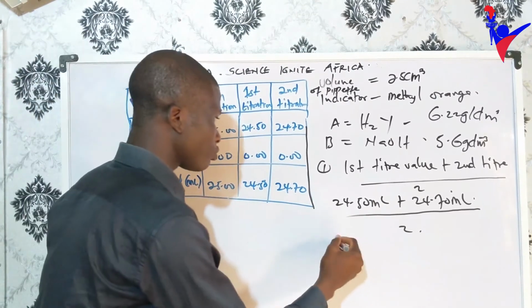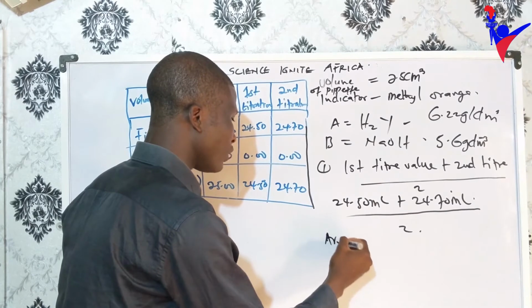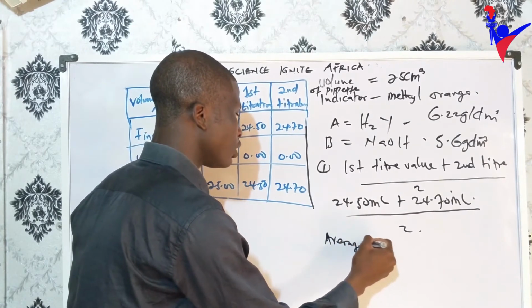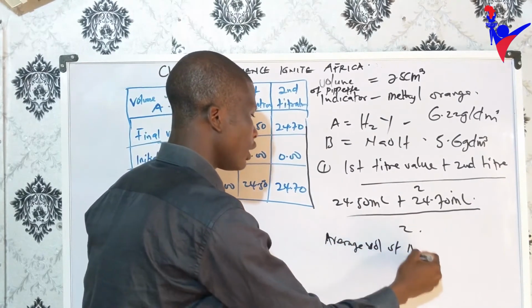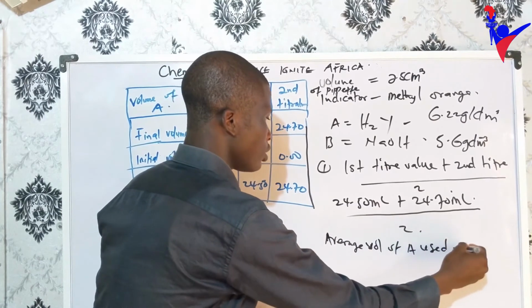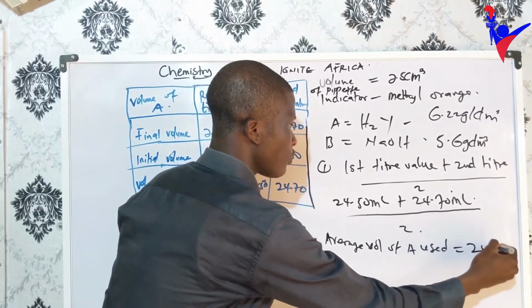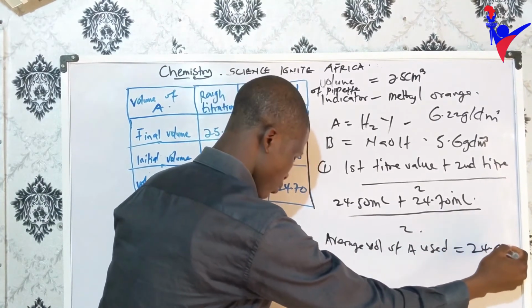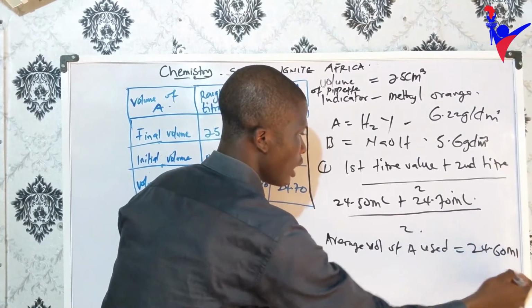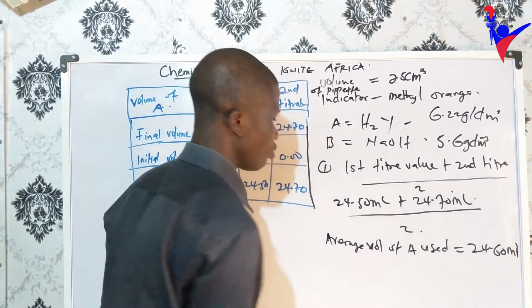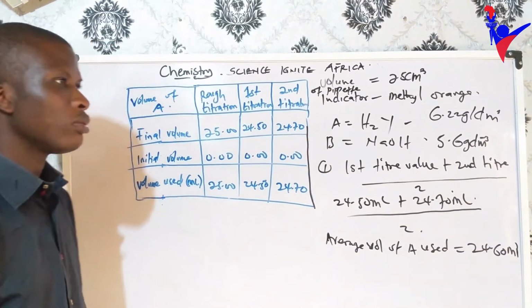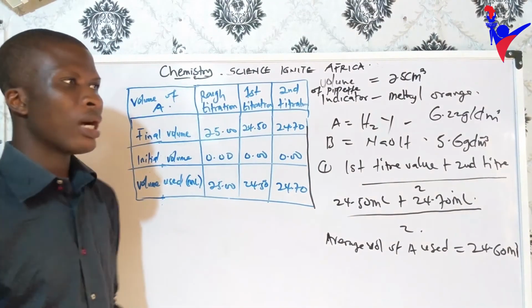We have the average volume of acid used, or average volume of A used, is 24.60 ml or centimeter cube, whatever you call it. They are both the same. Now we have been able to arrive at this.